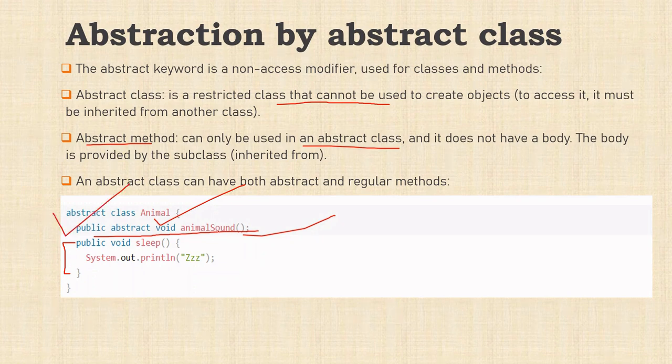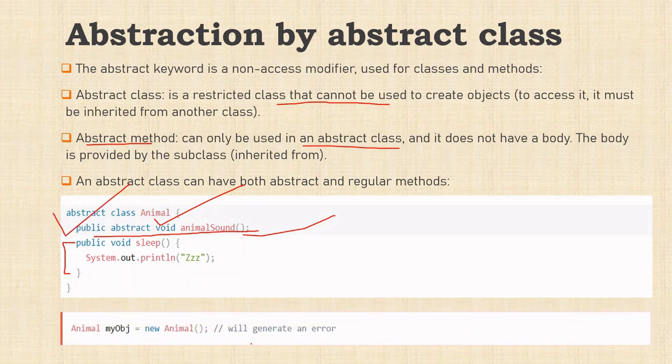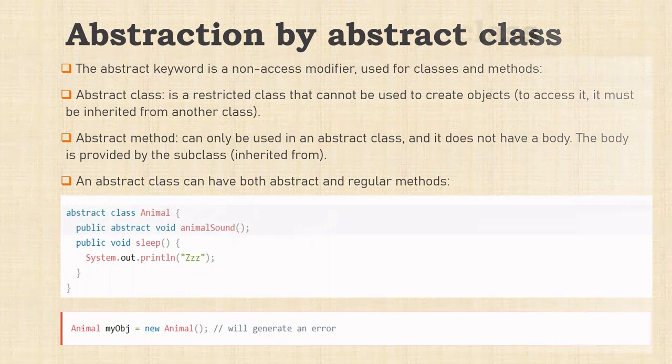If you want to create the object of the Animal class, which is abstract, you will get this error. That means you can't create the object of an abstract class. So we have to extend this abstract class, provide the implementation of the abstract method, and then you can create the object.